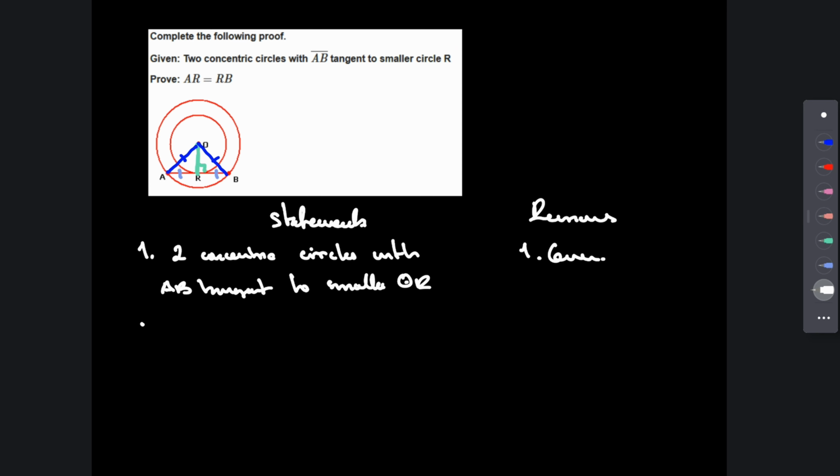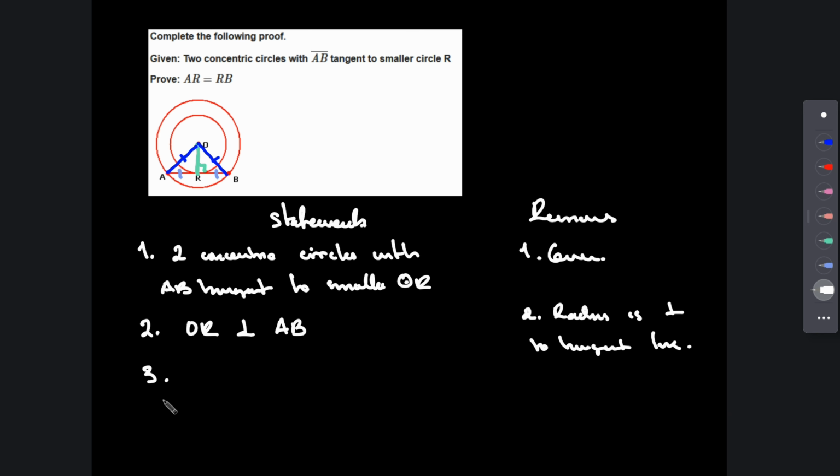All right, so radius OR is perpendicular to AB. Again, we know this because radius is perpendicular to tangent line, right? We know that. So since that happens, then angle, let me put it here since I'm short on space, ORB is equal to 90 degrees, right?